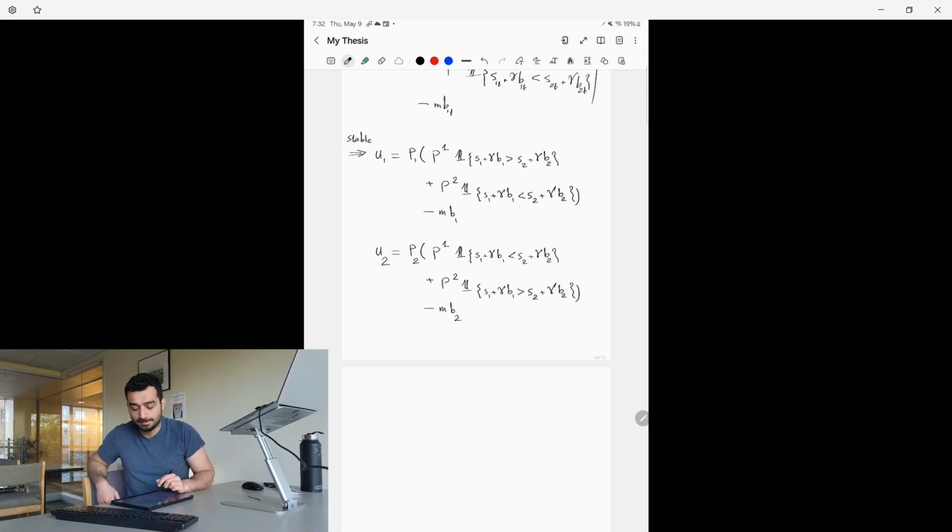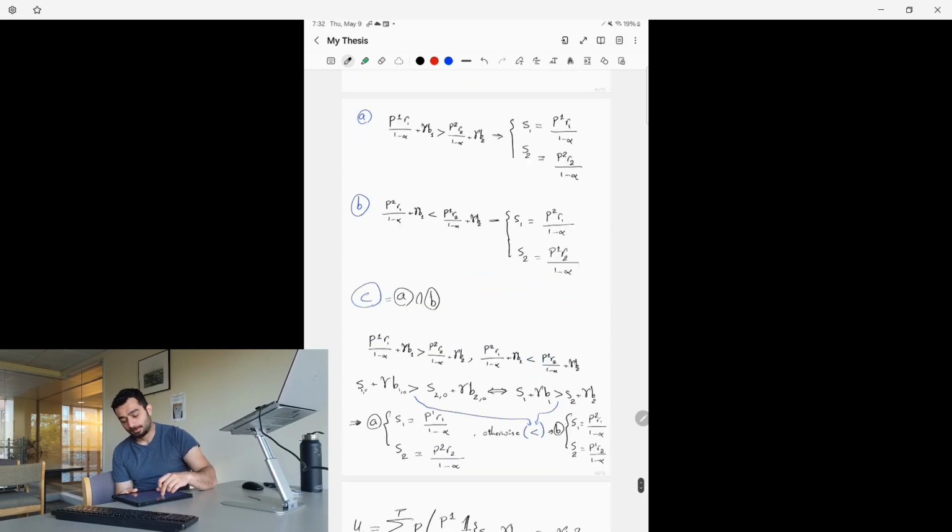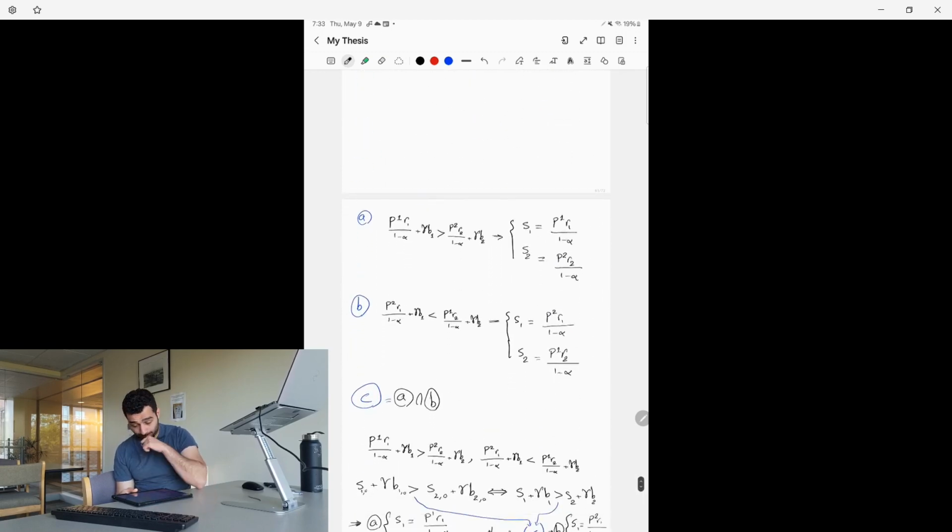We want to say what is the equilibrium or best response. So let's assume we are in situation A, where actually A minus B, right?